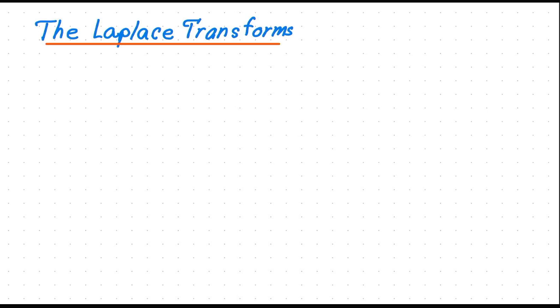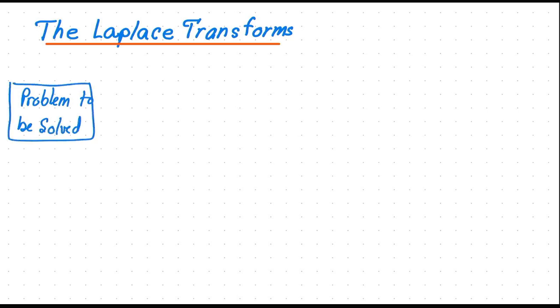All right, so the diagram is this: problems to be solved. We have a problem to be solved.